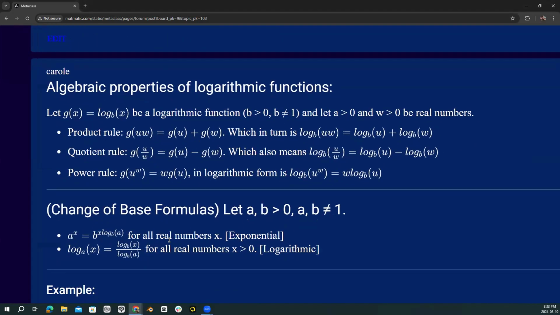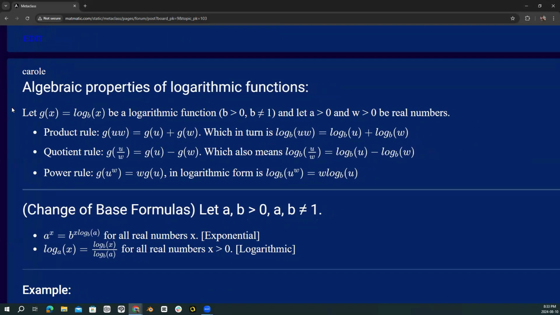Okay, so essentially, a to the power of x is equal to b to the power of x log base b of a, for all real numbers x. This is the exponential form.